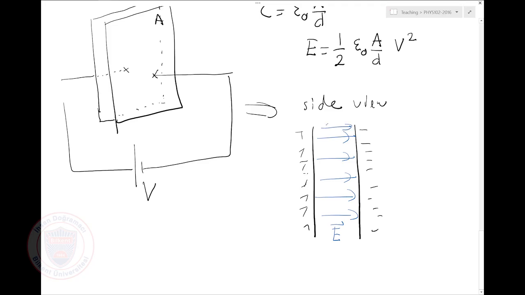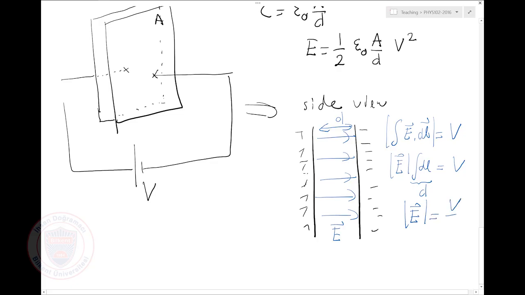Well, if the distance here is d, integral E dot dl must be the potential difference, V. But E is constant on the inside, so I'm taking E out. Integral dl is V. What's integral dl from one terminal to the other? It's the distance between these two terminals. It's d. So the electric field magnitude on the inside is V over d.